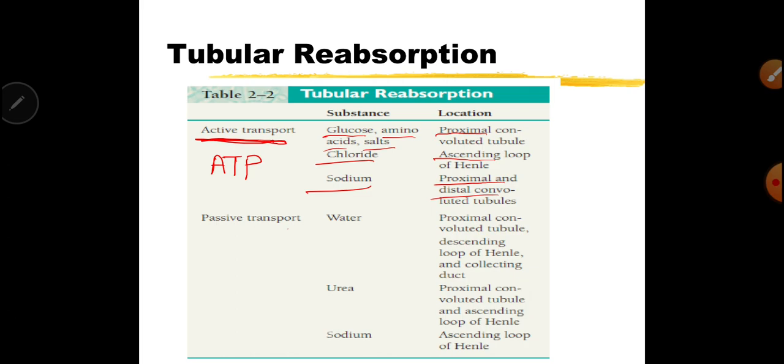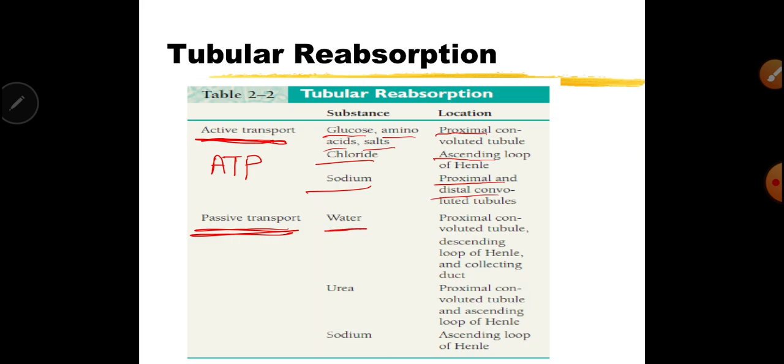Also, we have a mechanism of passive transport that will transport water, urea, and sodium without the need for energy. It will also depend on the natural osmotic pressure to move the solutes from the large concentration to the smallest concentration.